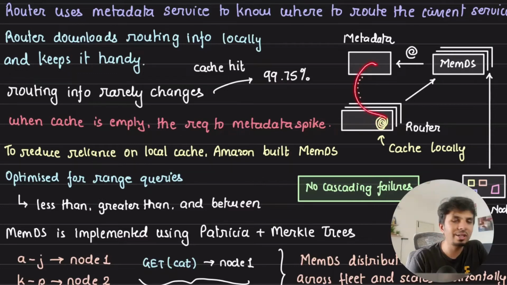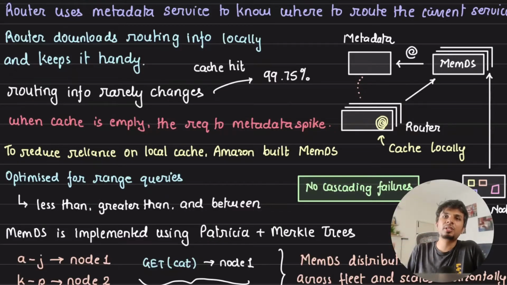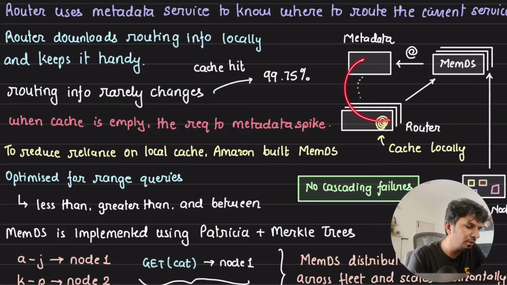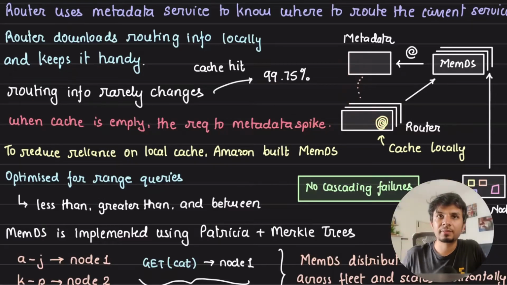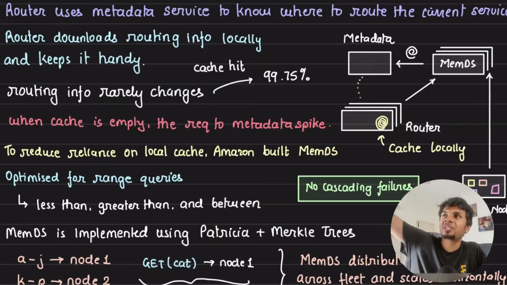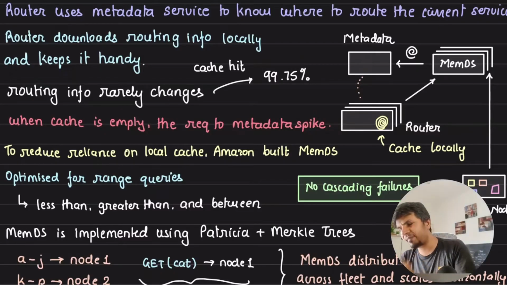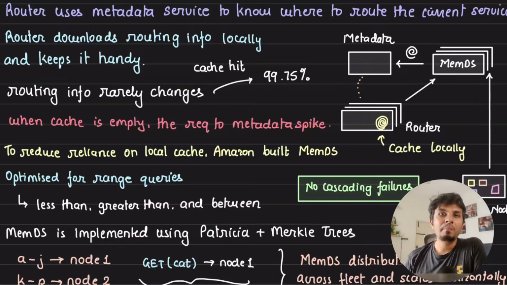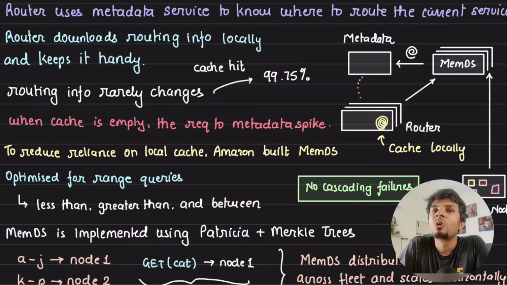So in case the router service reboots, in case there's a huge cache miss, all of this would fall back to the metadata service, spiking the traffic on it. That would crash the metadata service, and if the metadata service crashed, there is an outage, because the router is very heavily reliant on the metadata service to know where to forward the request to. So what do you do?